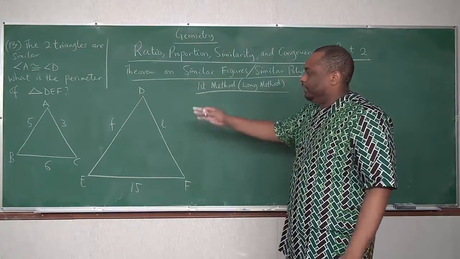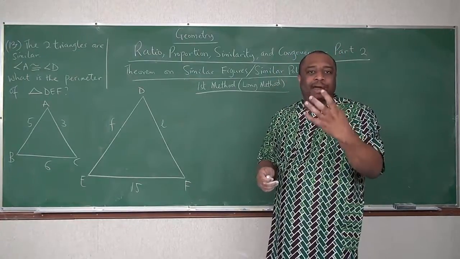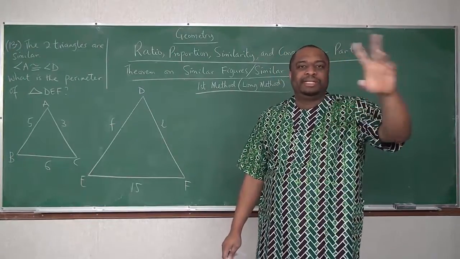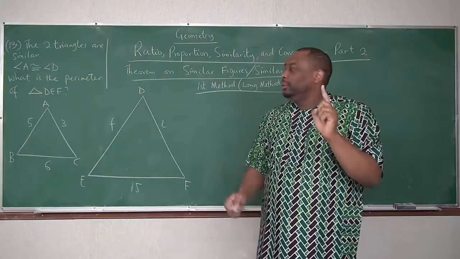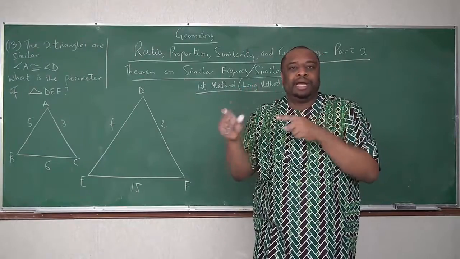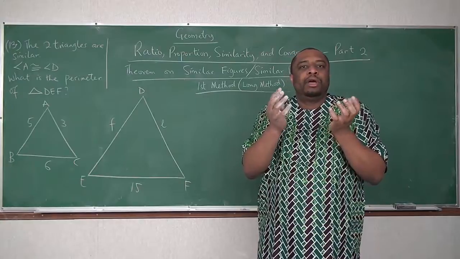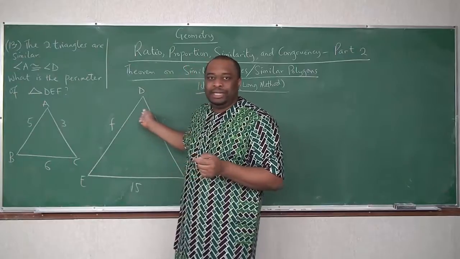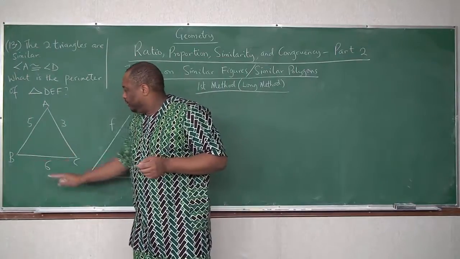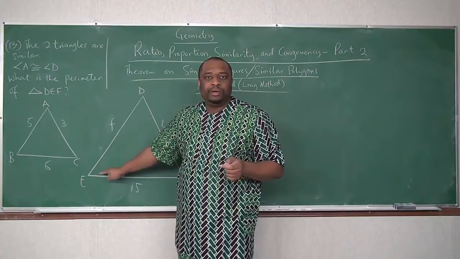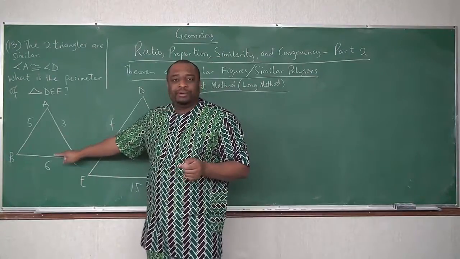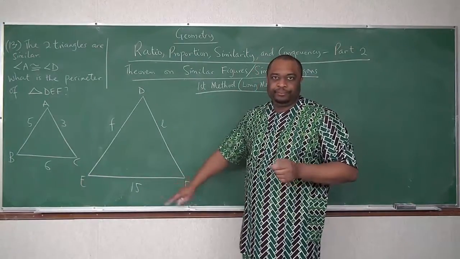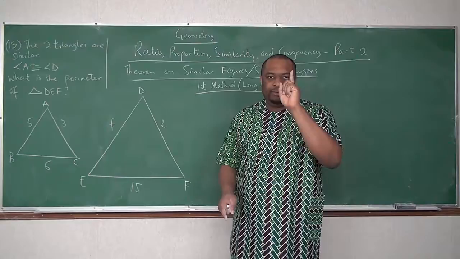So from the definition of similarity, remember, for two polygons to be similar, number one, the corresponding angles must be congruent. So angle A will be congruent to angle D, angle B will be congruent to angle E, and angle C will be congruent to angle F. That is the first requirement.